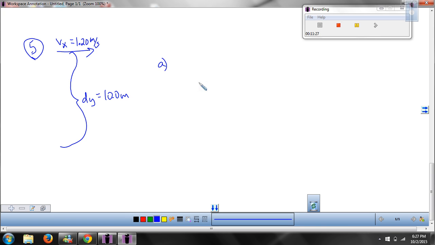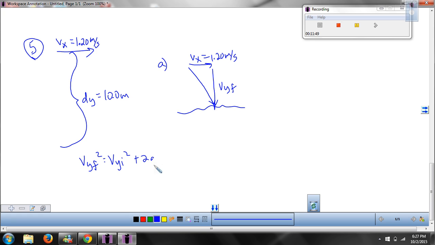So when he gets to where he's fixing to splash the water, here's the water, he has a VYF and a VX. His VX is still going to be 1.2. I need to find VYF. Well, I taught you VYF squared equals VYI squared plus 2G dY.